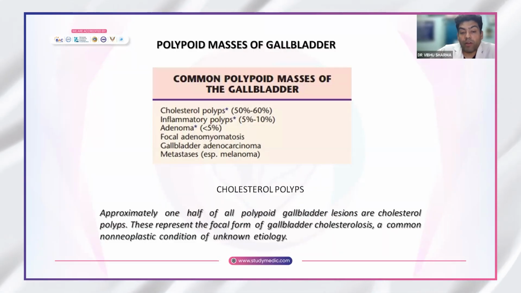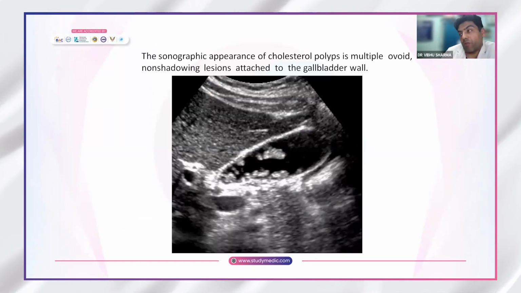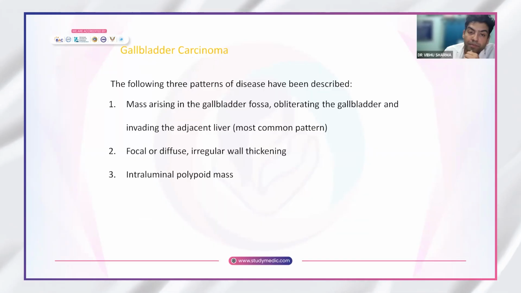Approximately half of all the lesions are cholesterol polyps, and they represent the focal form of gallbladder cholesterosis, a common non-neoplastic condition. So polyps are predisposing factors for GB carcinomas. Wherever you see such polypoidal lesions, note their number, they can be multiple, they are ovoid, and you should always concentrate on the size of these lesions and follow them up.